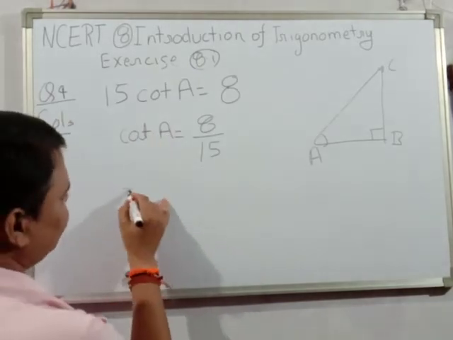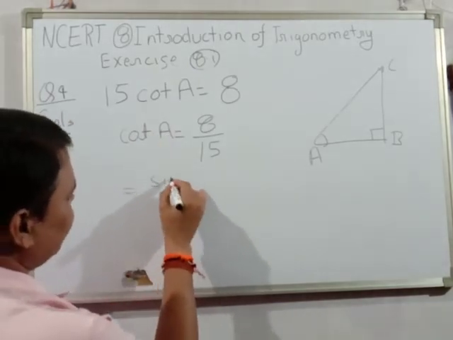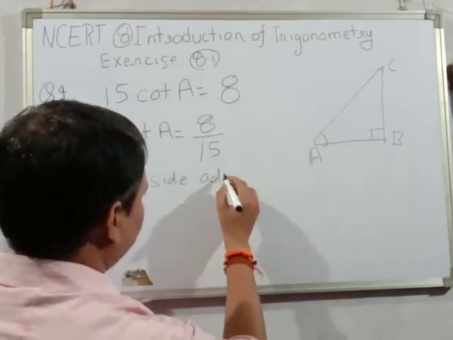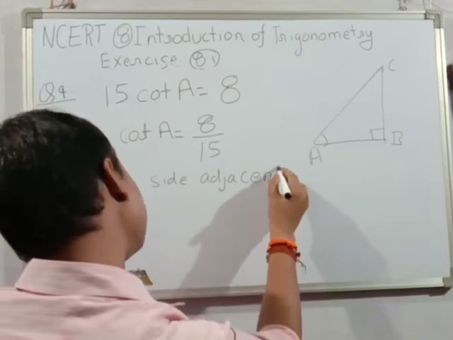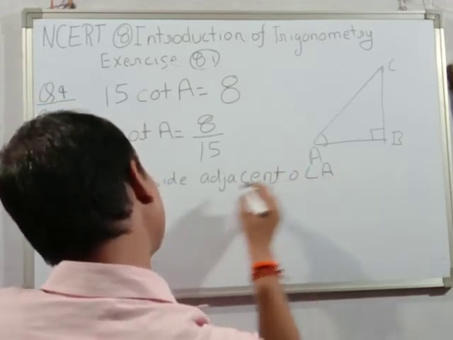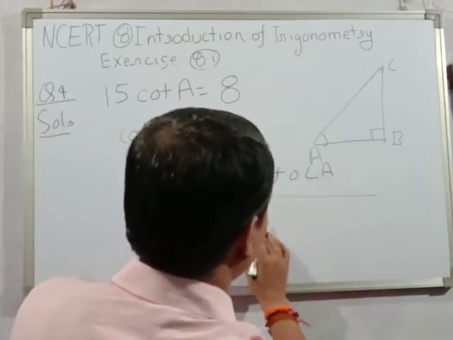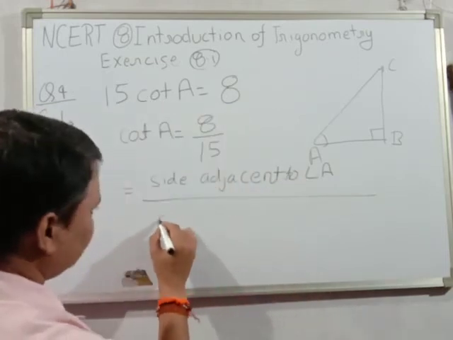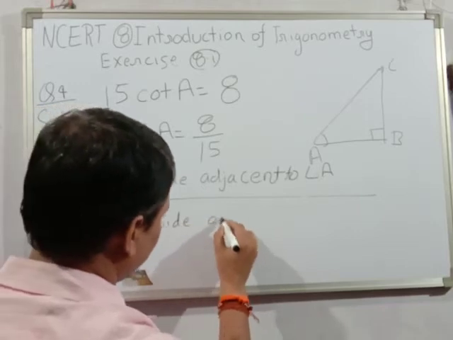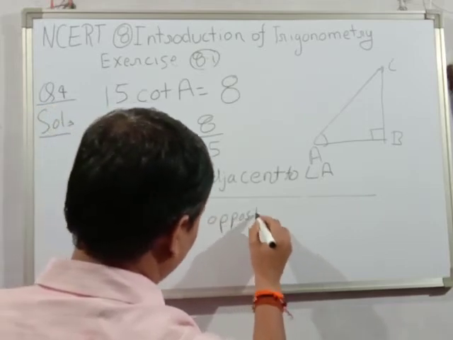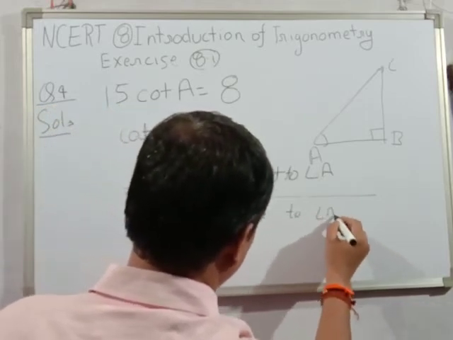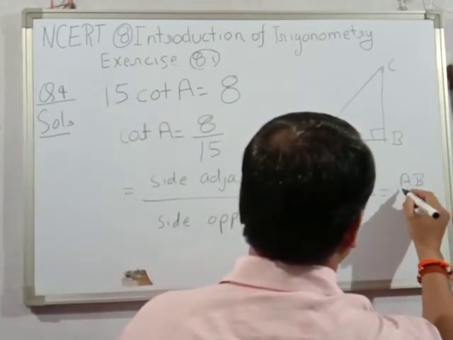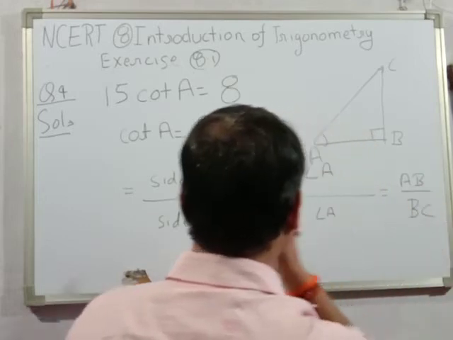Cot A is side adjacent to angle A and side opposite to angle A, means AB upon BC.